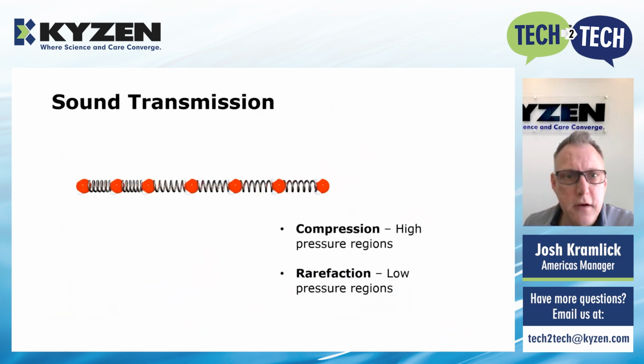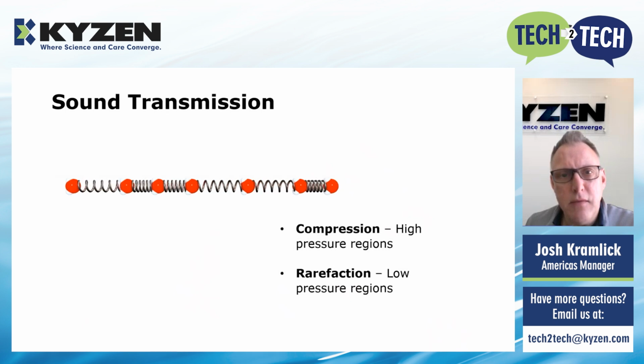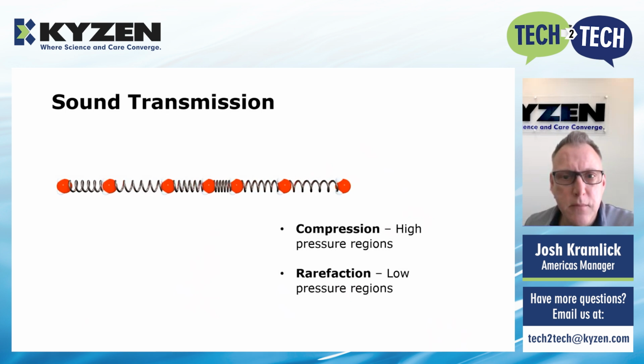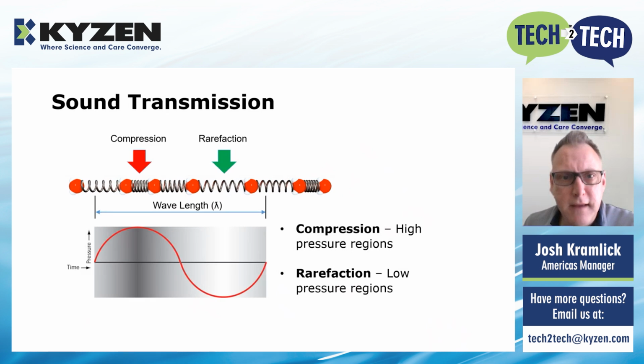So next important thing to talk about is sound propagation. Sound waves can propagate through almost any media with varying degrees of efficiency, the exception, of course, being vacuum. In sound wave propagation, we have these regions of compression and rarefaction. Compression are the high pressure regions in the sound wave, and rarefaction are those low pressure regions.